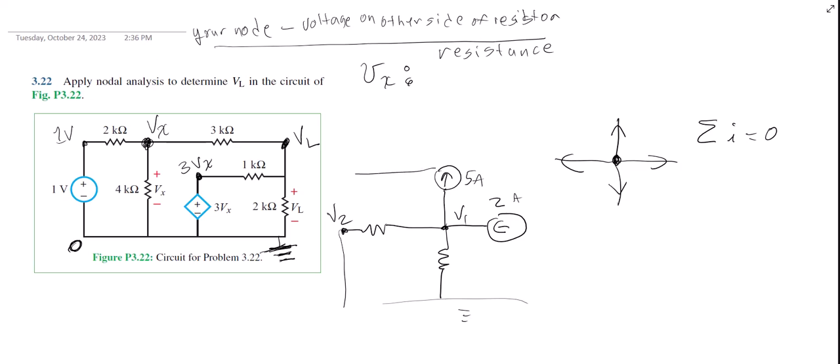Let's say this is what I was dealing with instead of the one that I actually am dealing with, and I'm writing my node equation for this V1 right here.